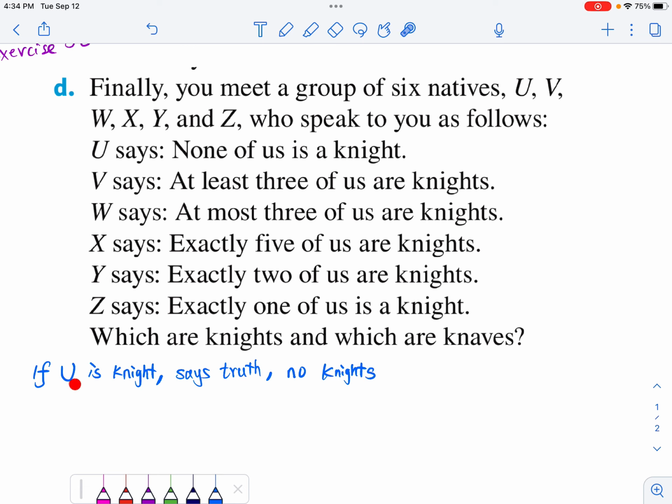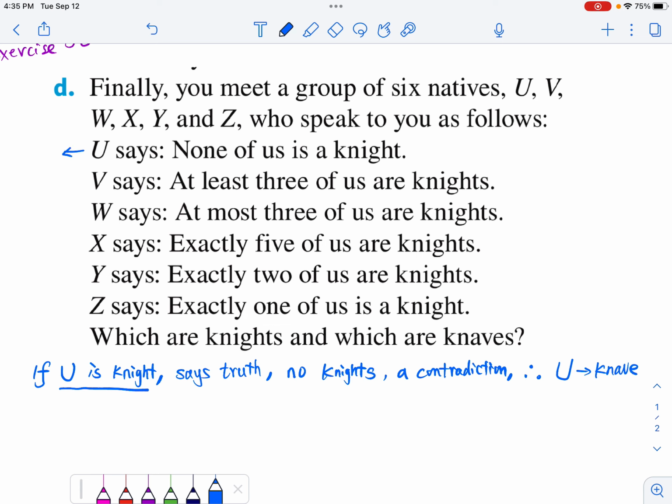Do you feel like this is already a contradiction? Because if we assume U is a knight and what he says is no knights, that is already a contradiction. No knights, but there is a knight. Contradiction. That means what you assumed is not right. Therefore, you can conclude U is a knave.